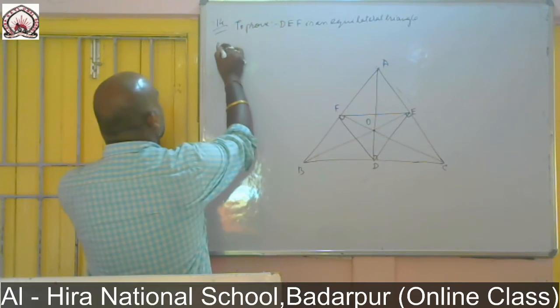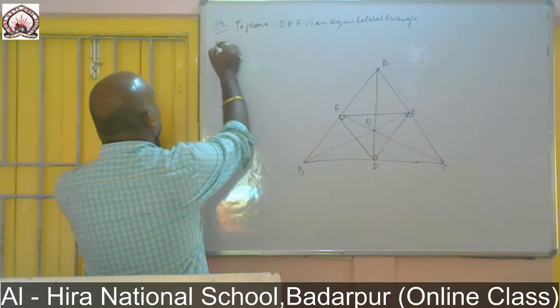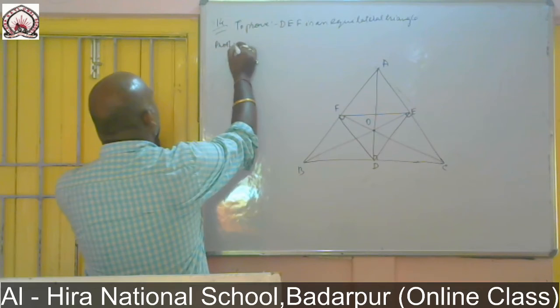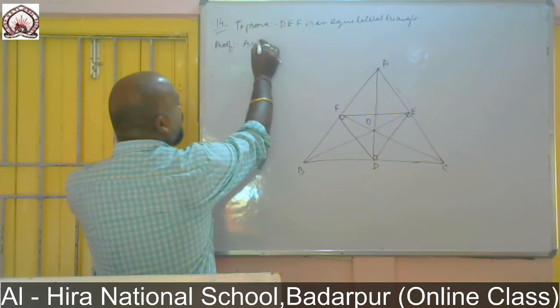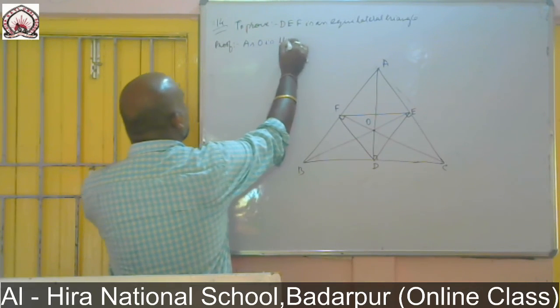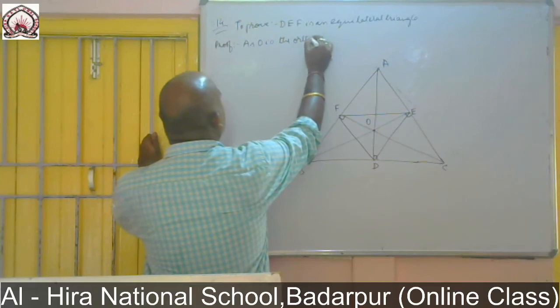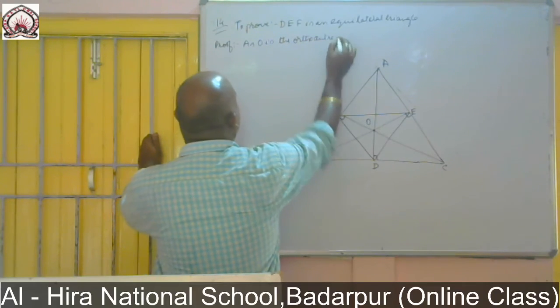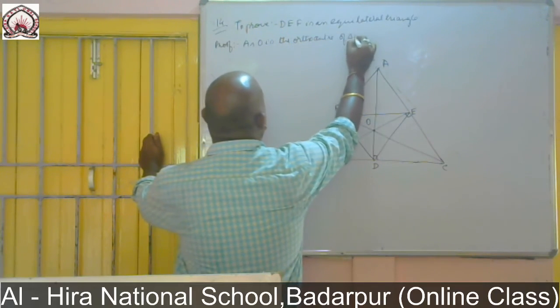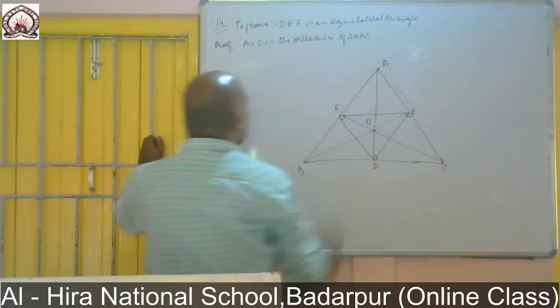Now prove. As O is the orthocenter of the triangle ABC.